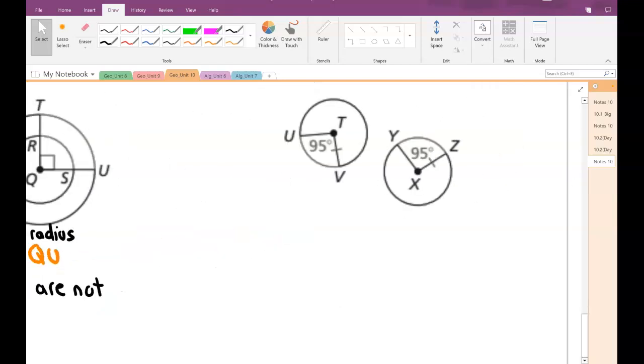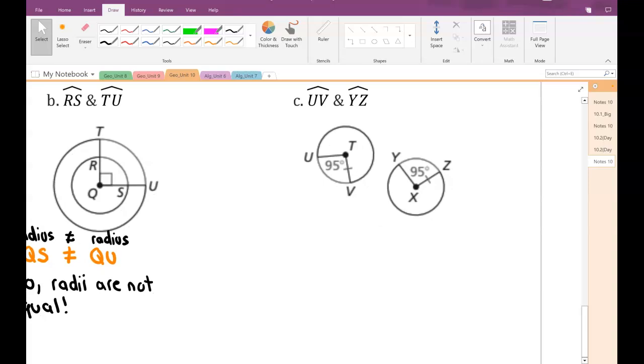Very last piece. Again, we have two circles in the same plane, and we're trying to find if arc UV and arc YZ are congruent. They both are made up of a central angle, this one with the vertex at T, this one with the vertex at X. So our central angles are congruent. Our radii are also congruent.